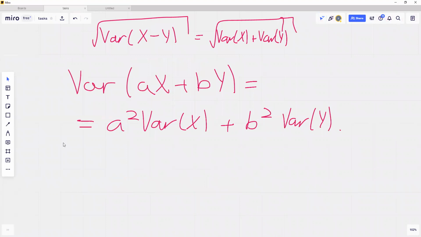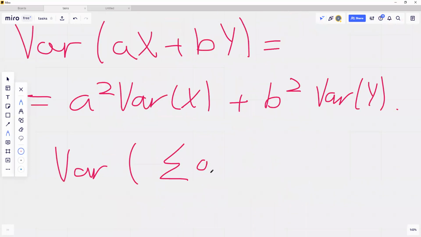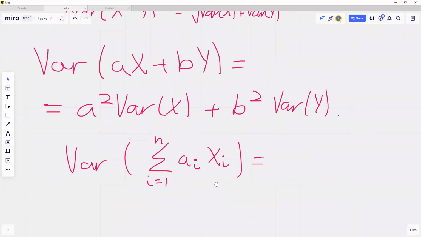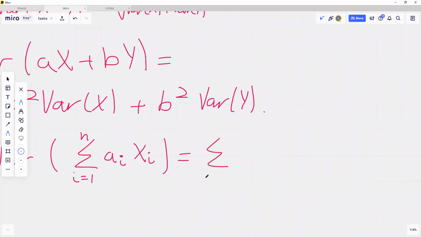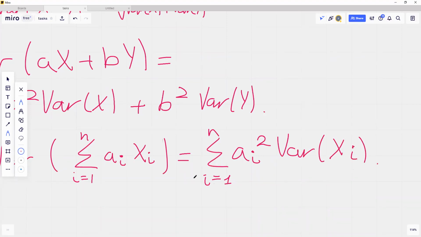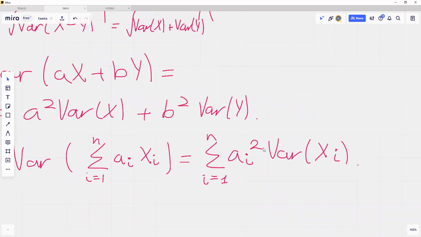This formula can be extended, for instance, in the following manner. Let's say you have sum of a_i X_i, then you will end up with the following sum.